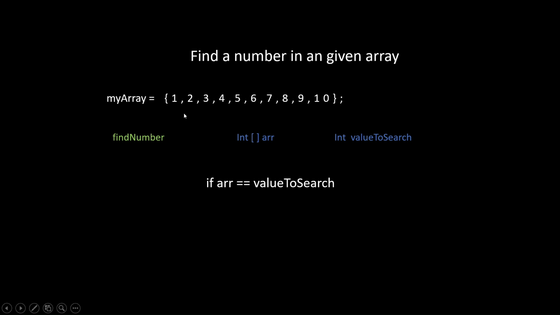If not, it goes to the next one. When i becomes 2, again it checks whether it is equal to the value to be searched, and if yes, it returns. If not, then i becomes 3 and it checks again, and so on through 4, 5, 6, 7, 8, 9, 10.